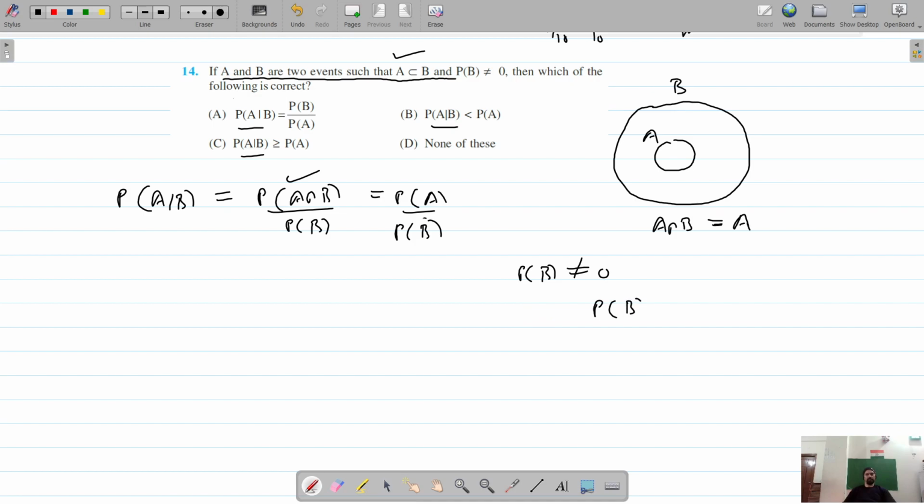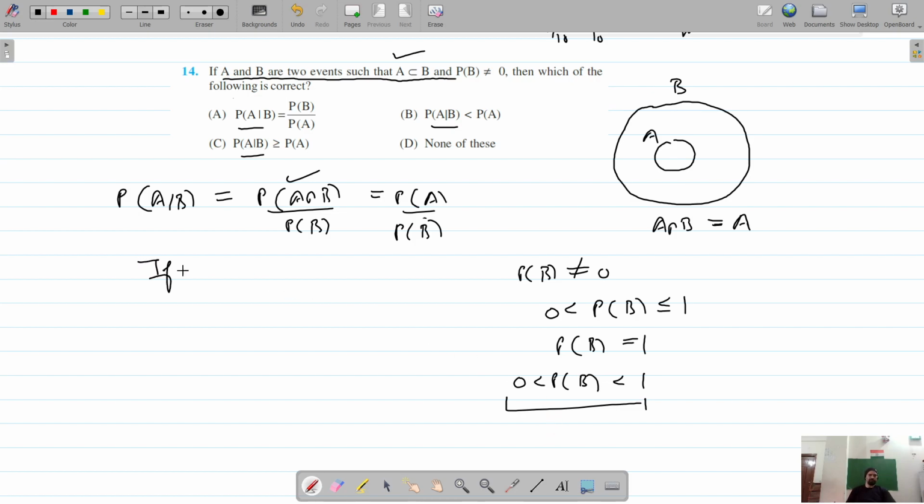And we know that the probability of any event is greater than or equal to 0 and less than or equal to 1. So in this case, it's mentioned that it's not 0. So obviously, either the probability of B is 1, or the probability of B is greater than 0 and less than 1, that is, it lies between 0 and 1.